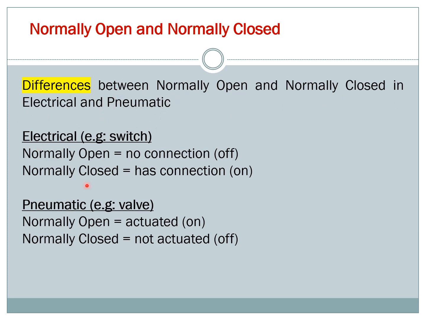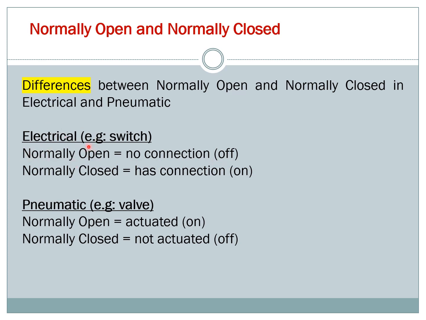We see the first part in terms of electrical. Let's take an example of an electrical switch. In electrical, when we say normally open, it means no connection. You need to understand this clearly.